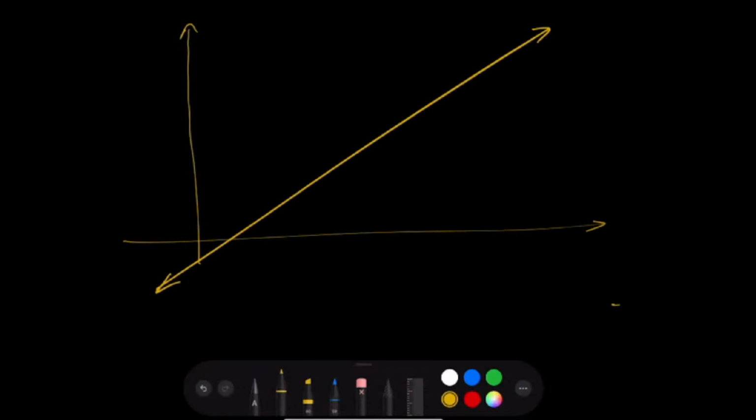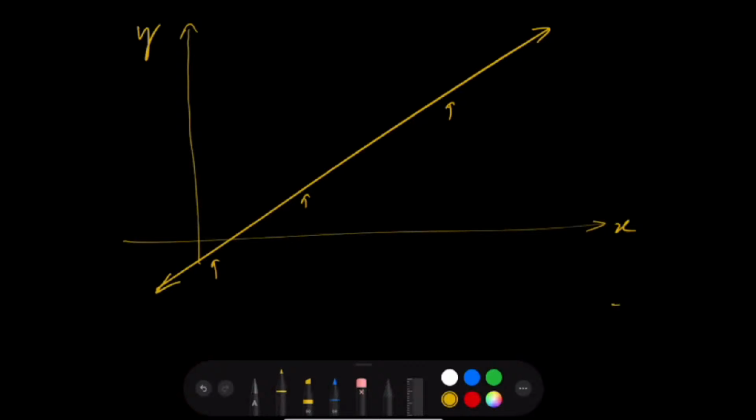The fact about straight lines and linear equations is that their slope is constant everywhere. No matter where you stand, the slope will be the same. Slope will be same here, slope will be same here, slope will be same everywhere.